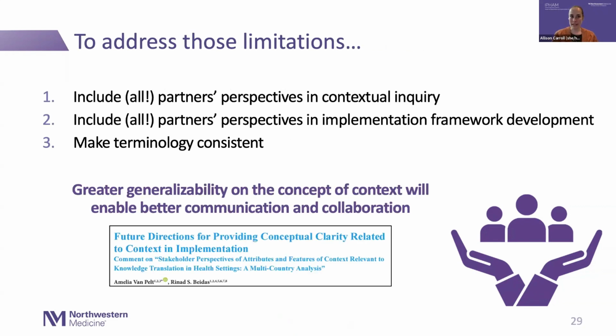Some ways to try to address these limitations is really to include all potential partners' perspectives in that contextual inquiry that Amy was discussing, where we want to think about all levels of people who could potentially be affected by the innovation, by the thing. Also, all who could potentially have an effect on the implementation of the innovation or the thing.